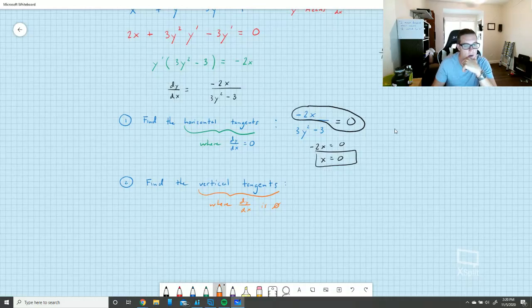So how do you figure out where the derivative is undefined? Well, you set the denominator equal to 0. That's why we haven't had to typically worry about these in the normal functions, is because we typically don't have denominators that equal 0.